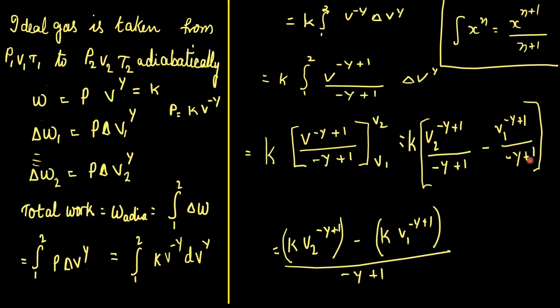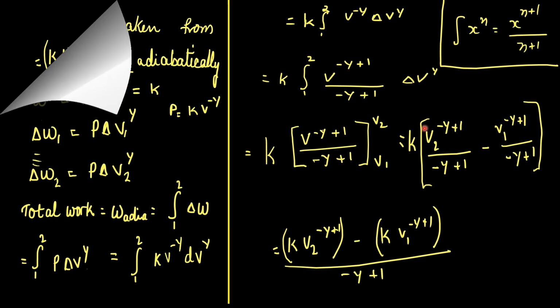We are multiplying the whole by this k. K into V2 raised to negative gamma plus 1 minus k into V1 raised to negative gamma plus 1, the whole divided by negative gamma plus 1, because this becomes common.